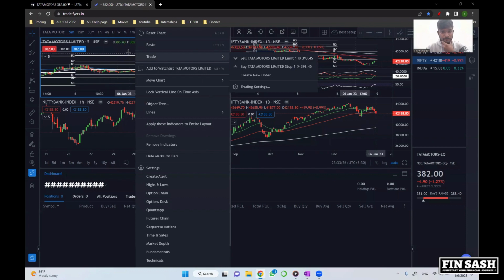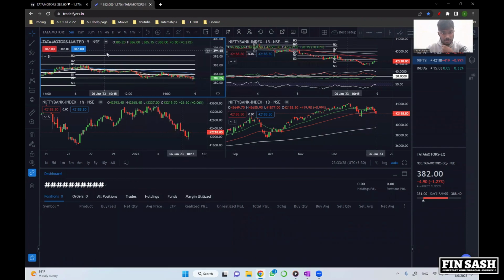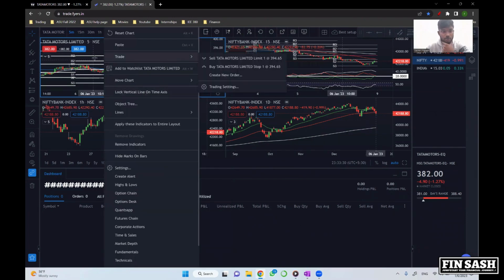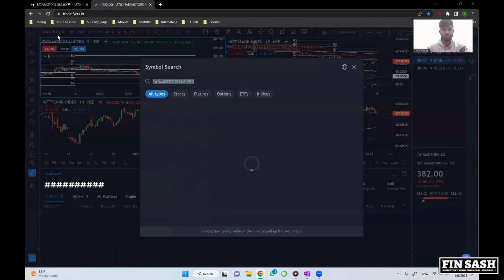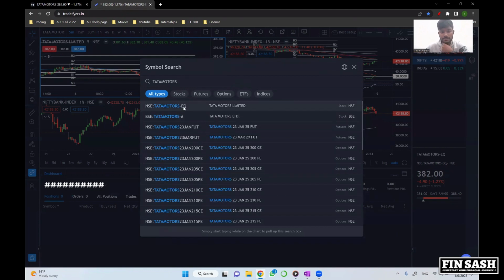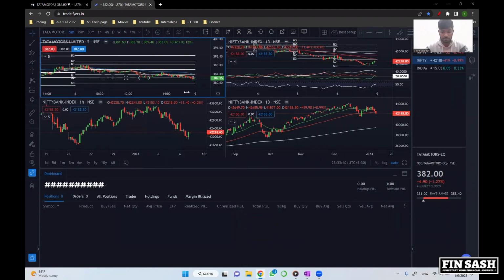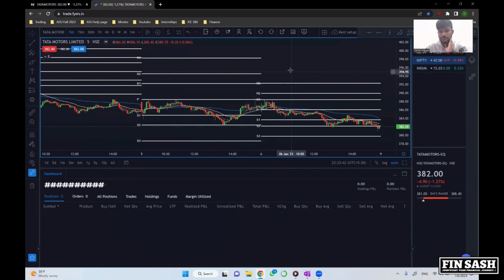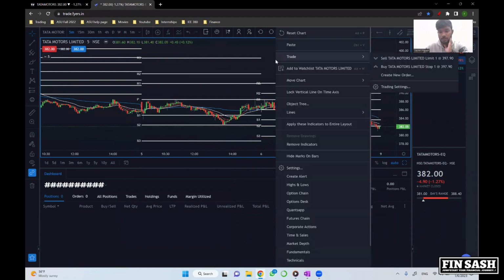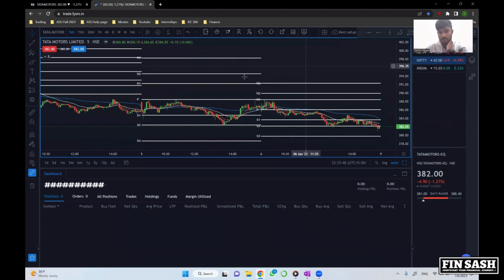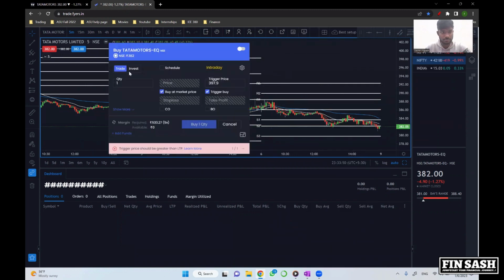So yeah, what we can do is you go here and type Tata Motors, for example, and this is going to pop up. So it's over here, right? What you do is you right click and choose trade, and then you can buy the stock.